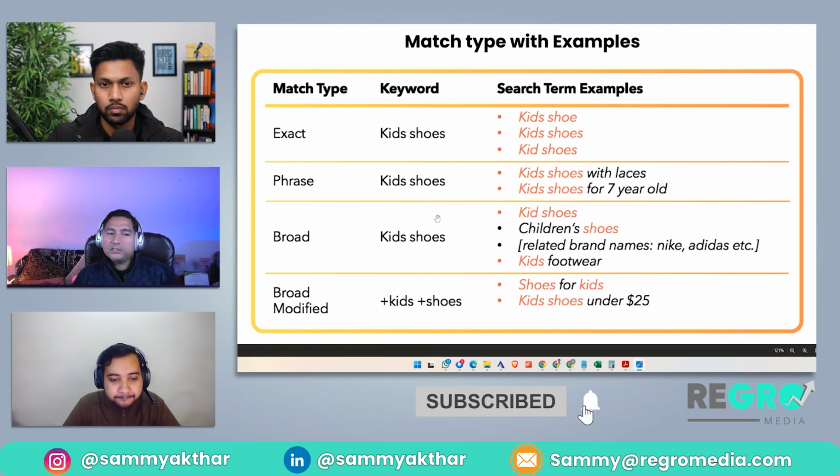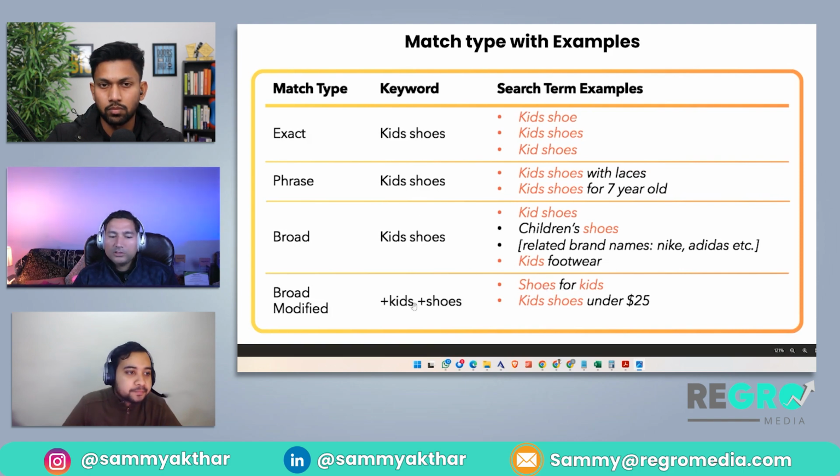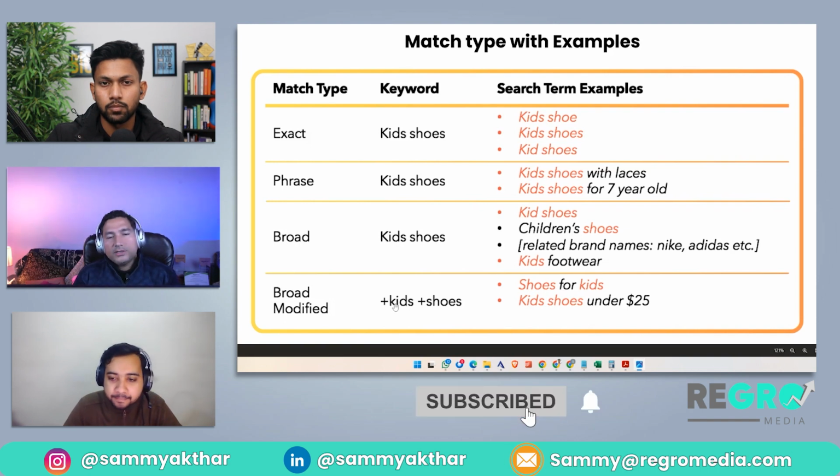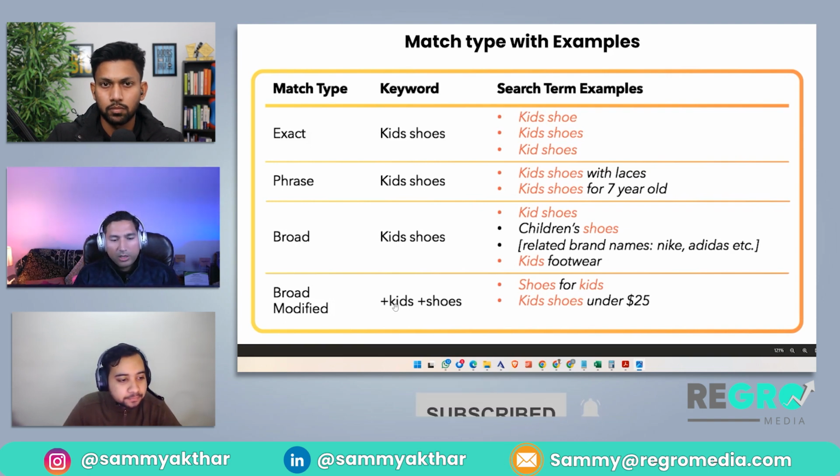So what it means is, exact we know, very direct. Phrase, we know we have a little bit of flexibility. Broad is too flexible. So somewhere between phrase and broad, we have a broad modifier, where we are enforcing these two words. Now, if I have a bunch of words that I know are very relevant for my product, I can use them and not worry about a lot of wasted ad spend.